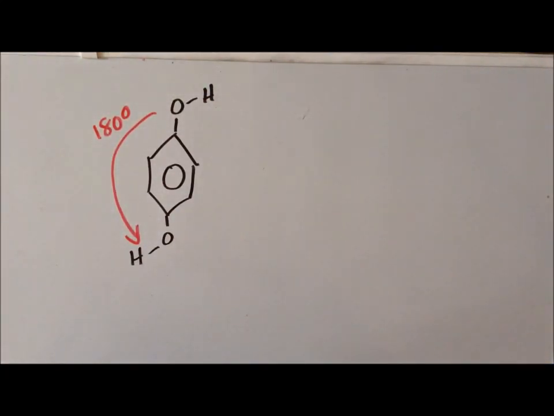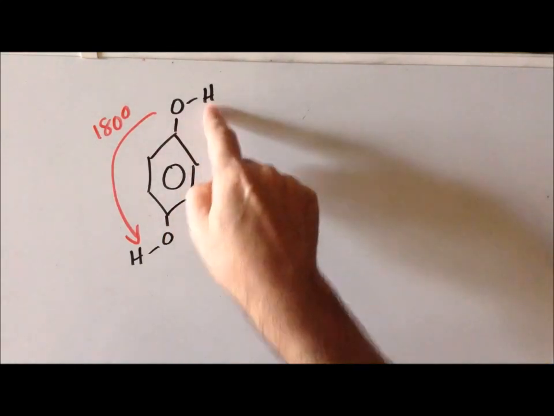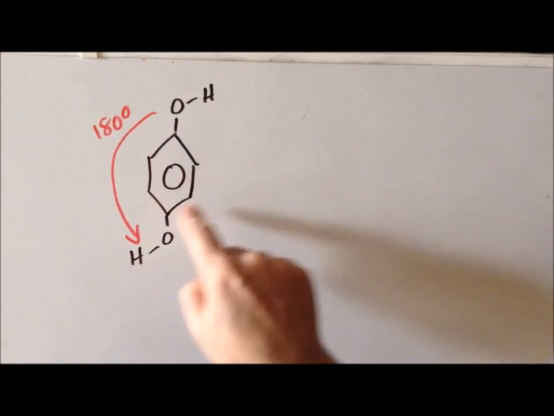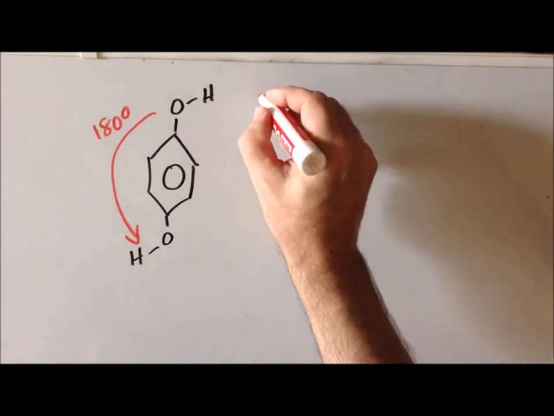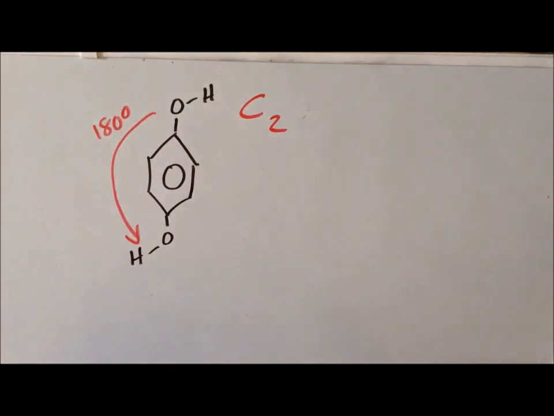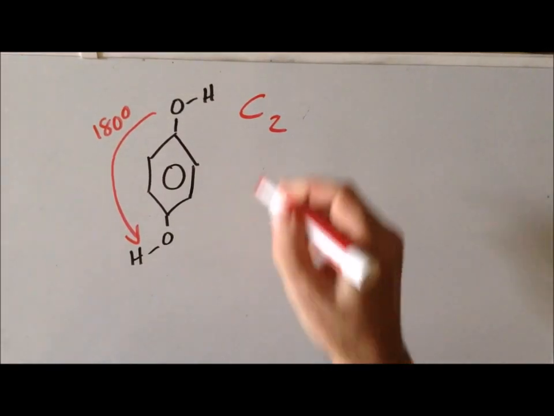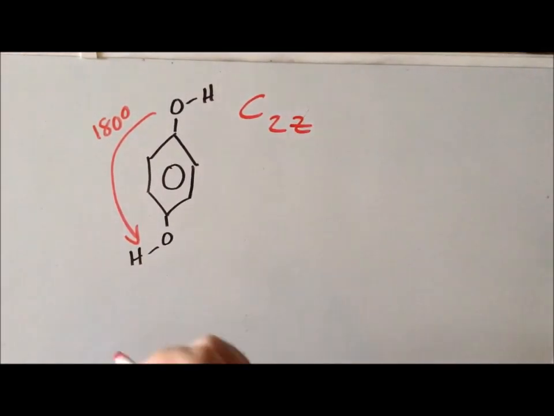The oxygen will go to oxygen, hydrogen will go to hydrogen, and all the carbons of the rings will go to other carbons. So we see that this molecule actually has a C2 rotation. And the C2 rotation is in the z-axis, so we maybe just note that, call it C2Z.